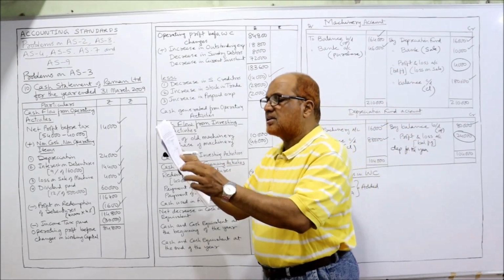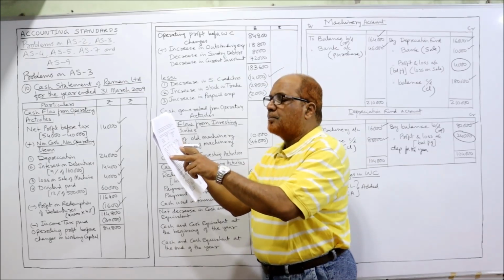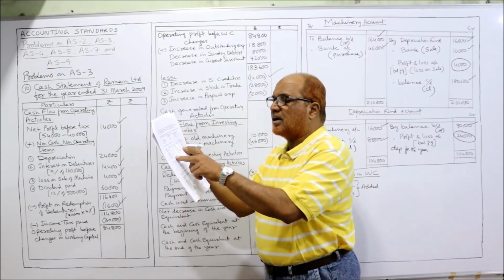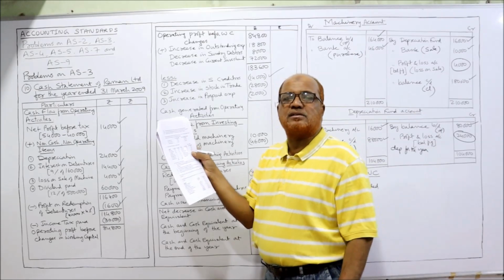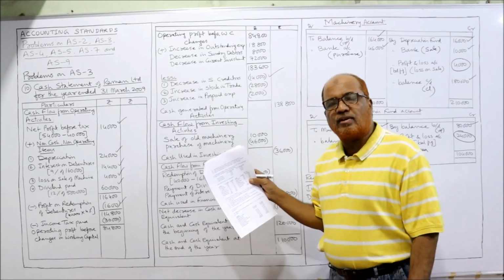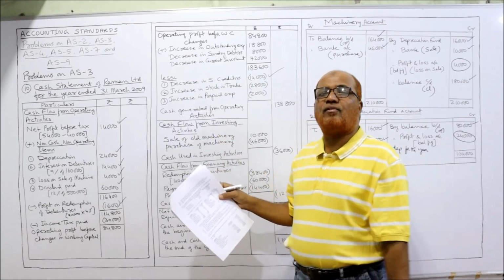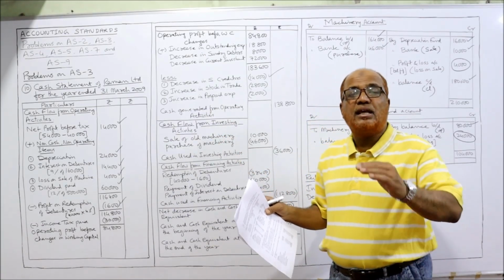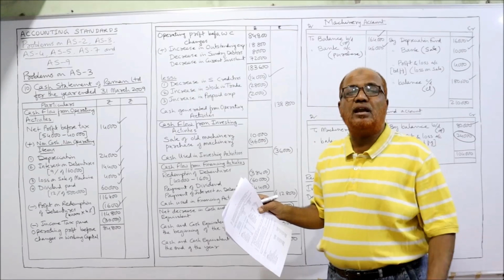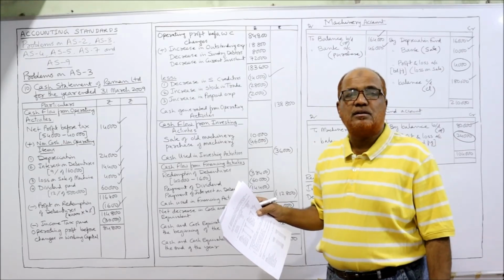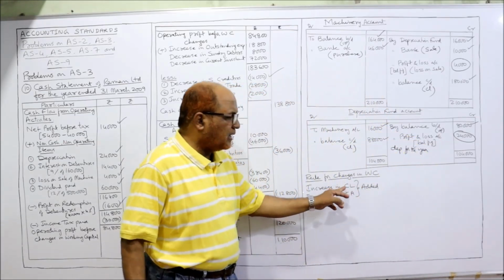Next, after creditors: profit and loss account, depreciation fund, contingency reserve, outstanding expenses. Outstanding expense is also one of the current liabilities. Last year 30,000, current year 48,000. There is an increase in outstanding expenses, so an increase in current liability.